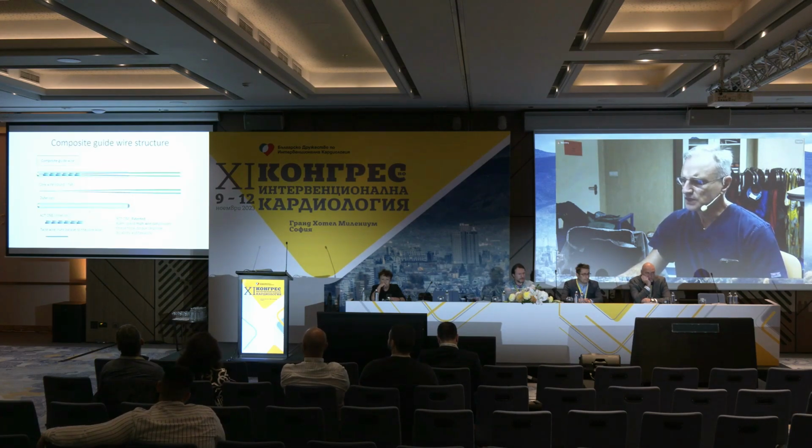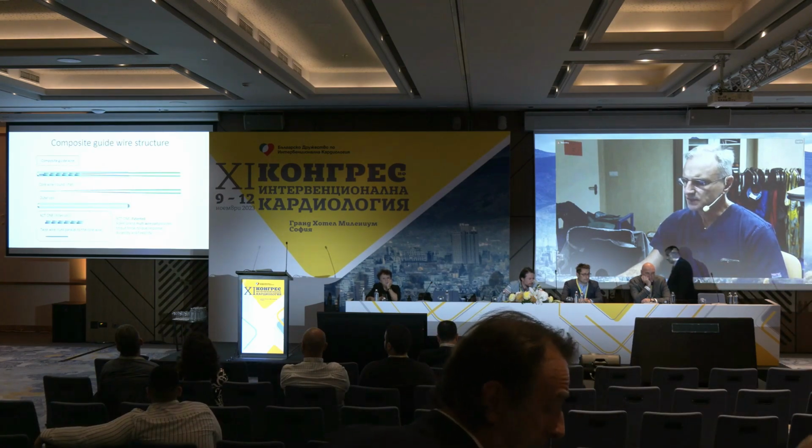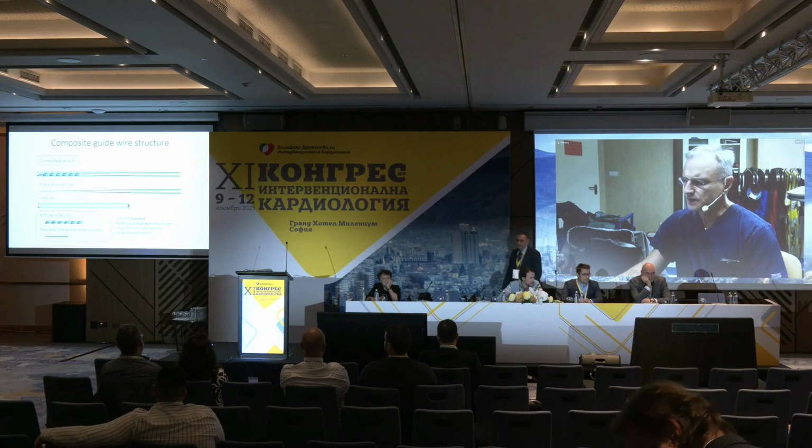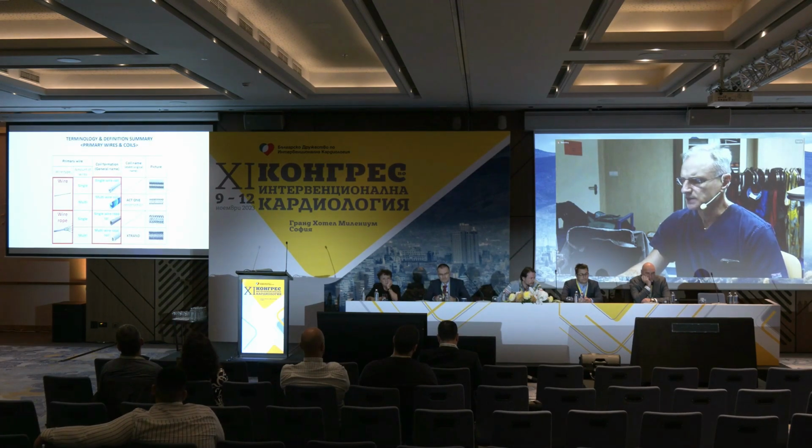So you see here, without getting into the very detail about what a composite core wire is, essentially it's an additional coil next to the core of the wire that has the capacity to transform the one-to-one, whatever you retain in your hands, to the tip of the wire, and also the shape retention of these wires has been greatly enhanced.